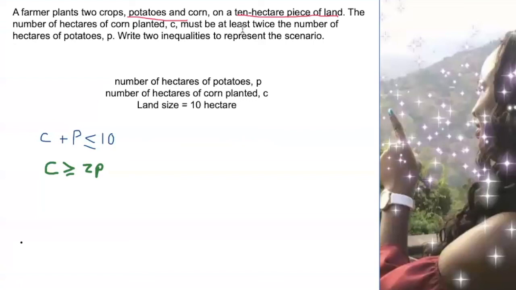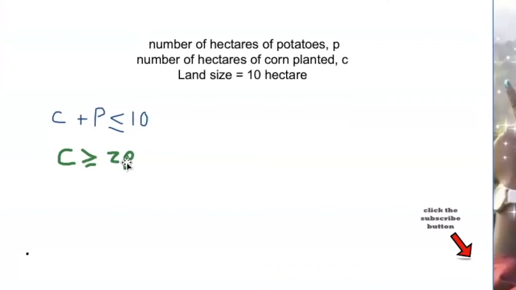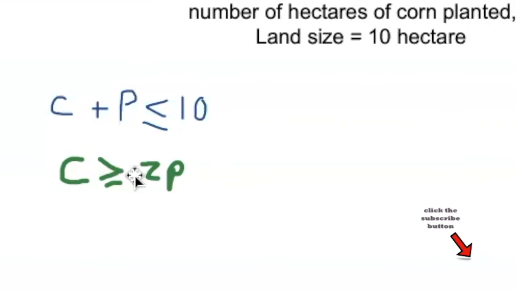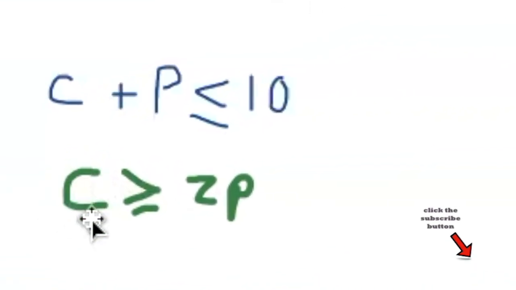So the least amount that we can have is twice the potato planted. So that's why I have equal to, because I can have twice the amount of potato planted, or we can have more than twice. And that's it. These are the two inequalities that were asked for in this question.